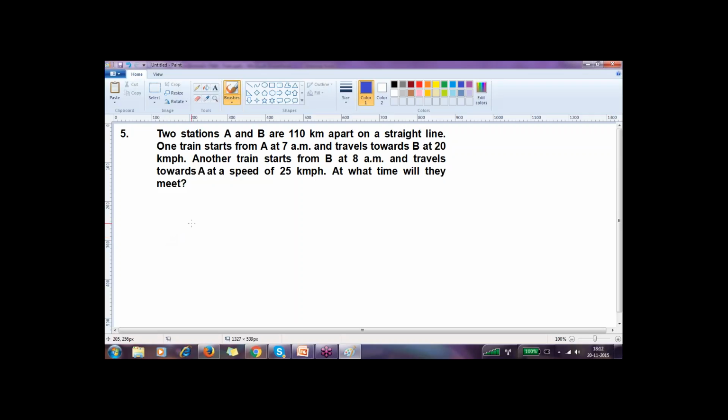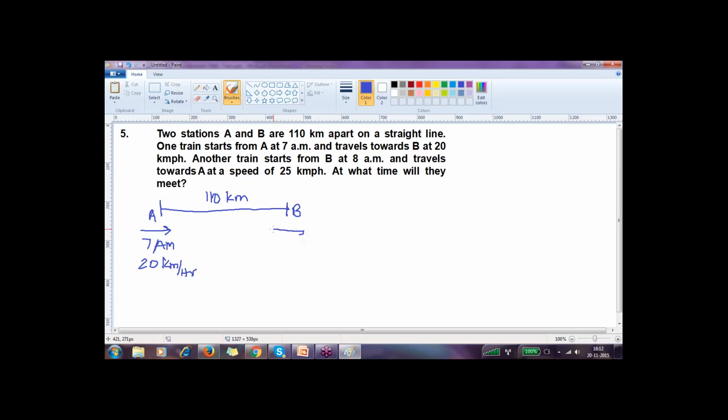Definitely they will meet somewhere. At what time? That is what has to be found out. Okay, so let's say this. This is your B. This is your A. This whole distance is 110 kilometers. A train starts from here at 7 a.m. at a speed of 20 kilometers per hour, right?